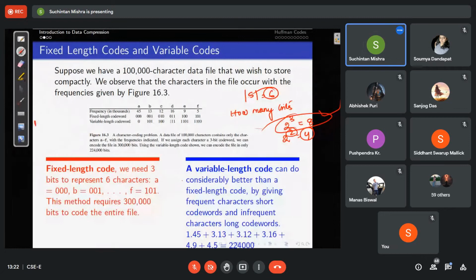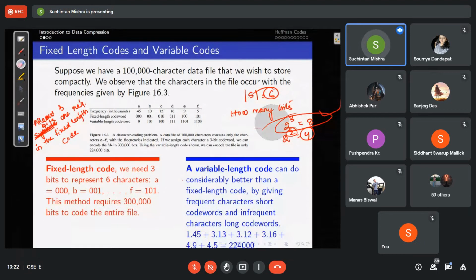At least 3 bits are required in the fixed length code. If I am taking a fixed length code, at least 3 bits will be required.